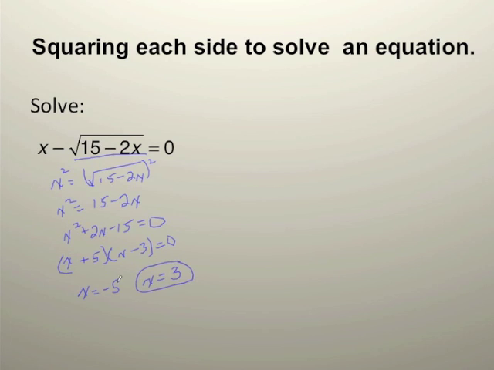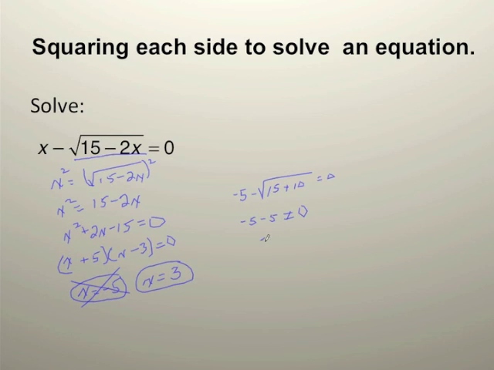Now I have these two solutions, but I remember my notes about extraneous roots. I have to check these solutions. So checking the negative 5, I've got negative 5 minus the square root of 15 plus 10 equals 0. So negative 5 minus 5, that doesn't equal 0. So I have to throw out the solution.